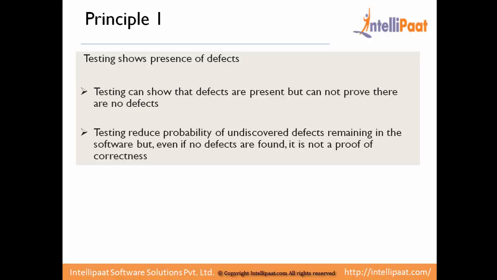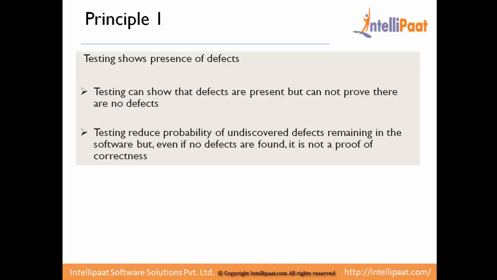So that is the part wherein the probability is reduced. Why? Because if all these types of testing have already been done, then the probability of finding new defects is obviously very low. Now, in the second point, what we have also mentioned is that if no defects are found, it is not a proof of correctness.